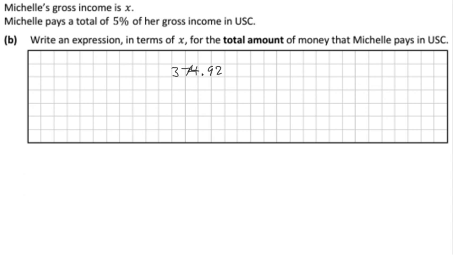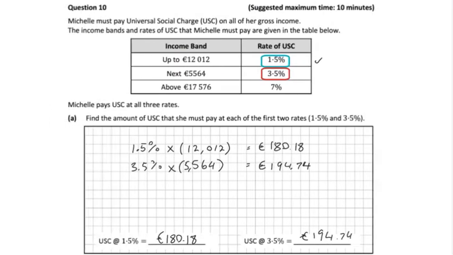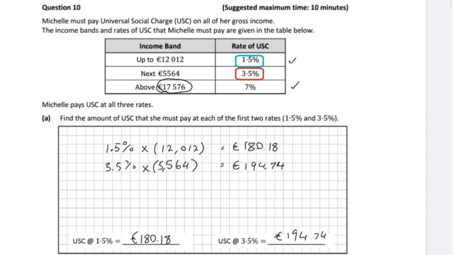Now we're going to go on to the 7% band, and we can write that as 7 over 100. We're going to multiply that by the difference between the gross and the 17,576, because anything above the 17,576 will be taxed at 7%.